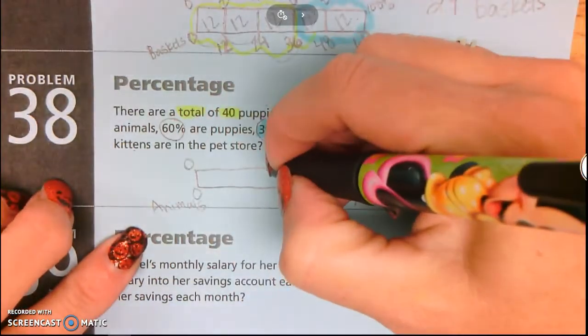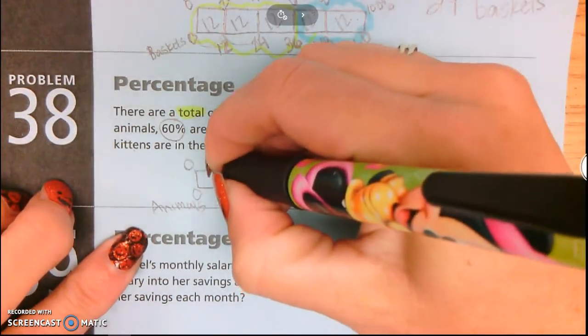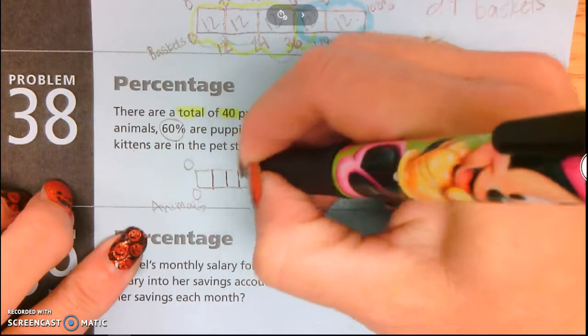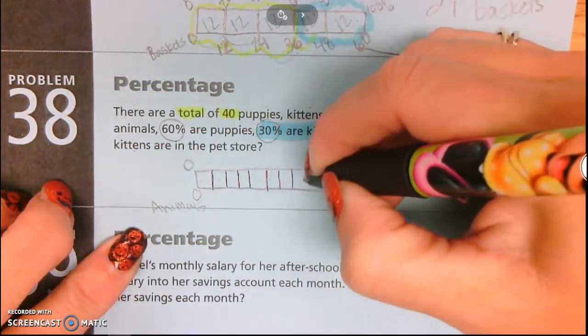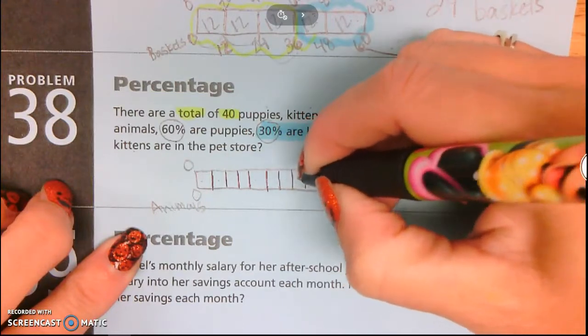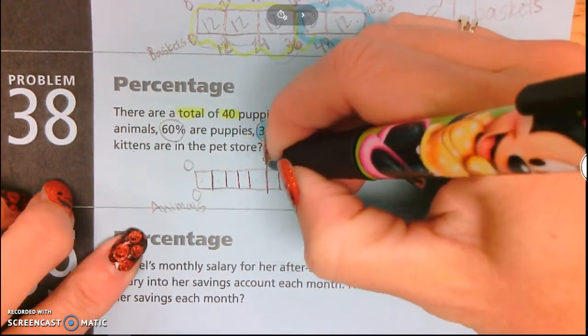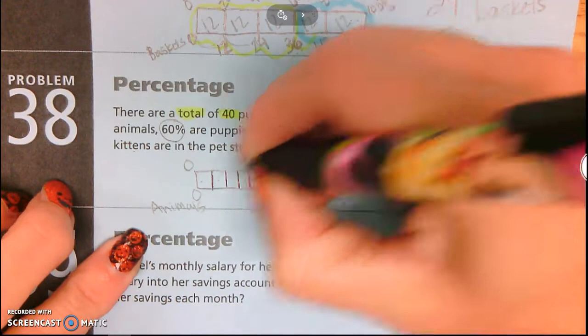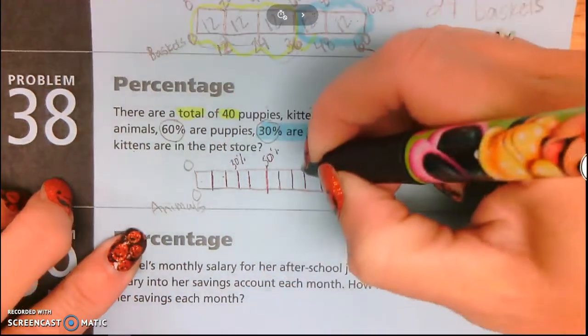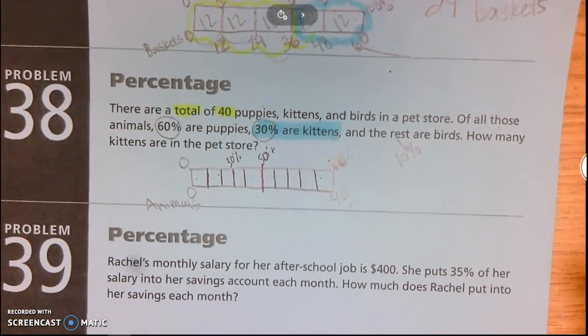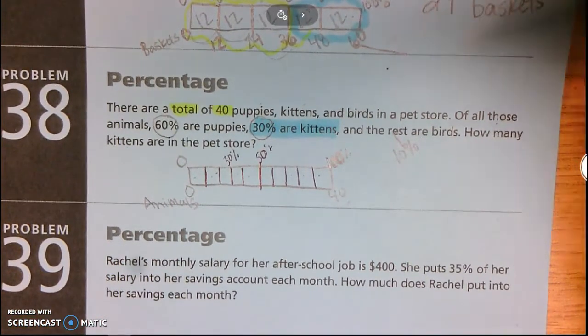So I'm going to break it into 10 pieces. So here's 50%. 10, 20, here's 30%. And that's really all I need because I'm a lazy mathematician and I determine importance.